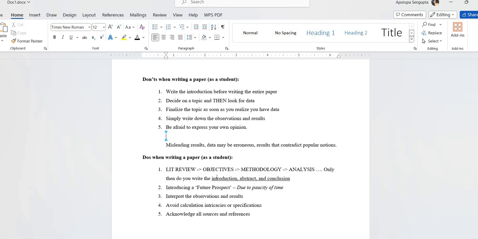But in case you lack an idea and want some clarity, you can go through these 5 points and track your way, and then you can decide if there's something that you need to ask, and then you can go to your professor and ask them.